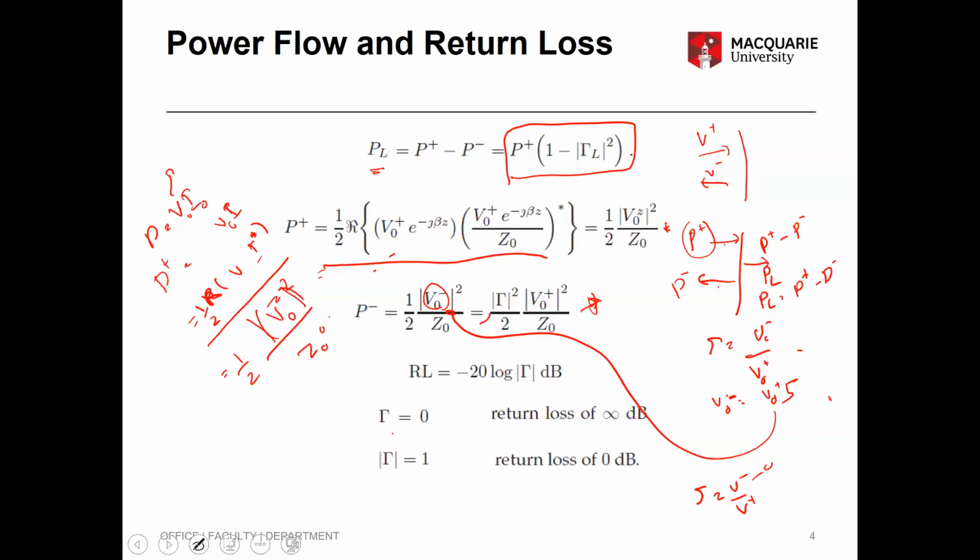A return loss of infinity dB implies that you don't have any reflection from the load. This is very similar to the S11 curve. S11 is actually the negative value of the return loss.